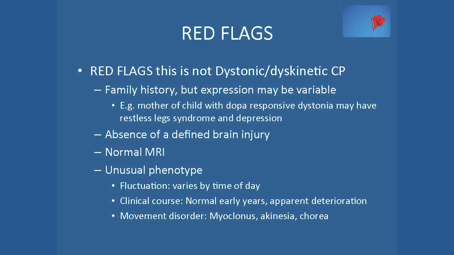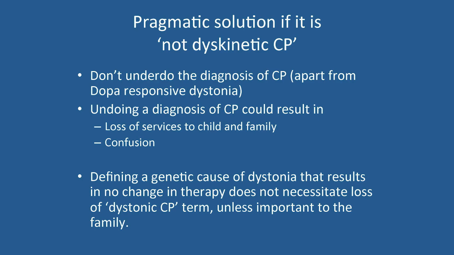So even if you find a gene, I don't think undoing the diagnosis of CP has any benefit, maybe apart from dopa-responsive dystonia. You don't retain the diagnosis if you're cured, but otherwise I think it makes complete sense to retain the diagnosis of CP, because really they still fulfill a diagnosis of CP at the end of the day. So really, it's sort of semantics.